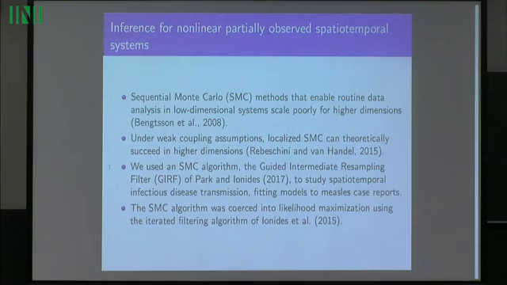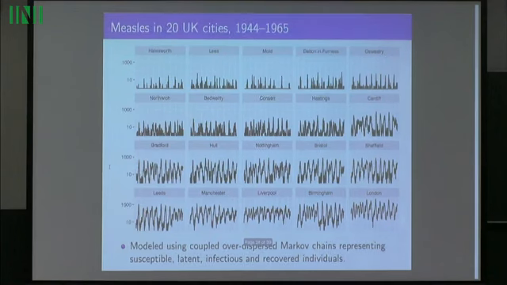And my PhD student, Junha Park, developed some such algorithm which scales maybe not to the huge atmospheric science data sets, but certainly to city-level epidemiological data sets. And so I guess I'll just show you the kind of data he was fitting to.